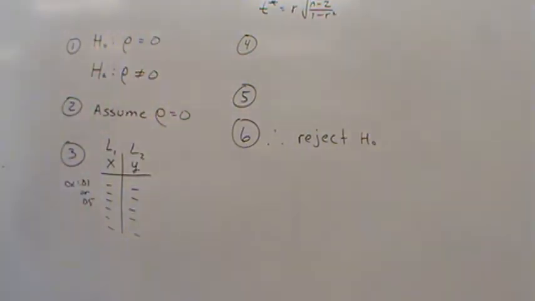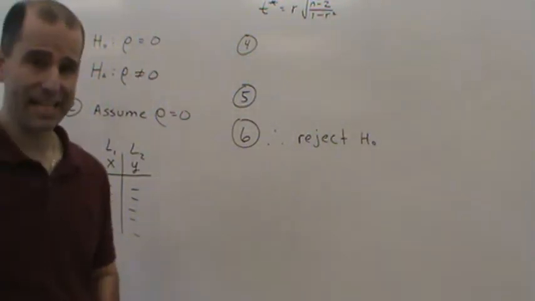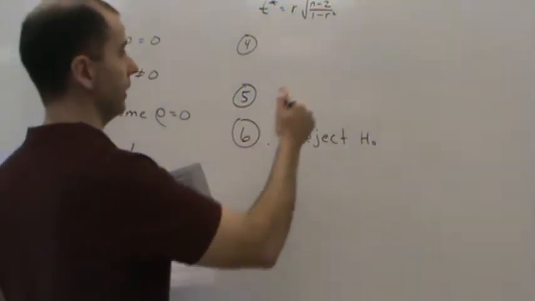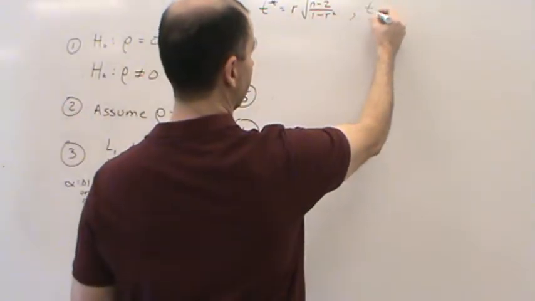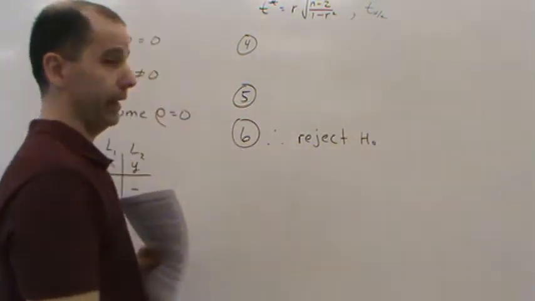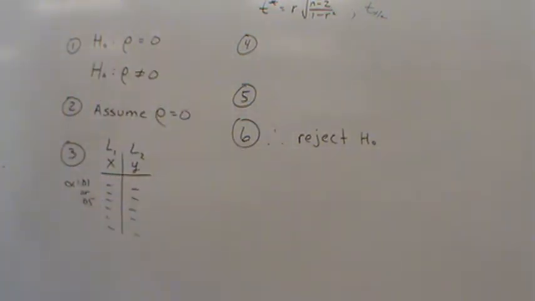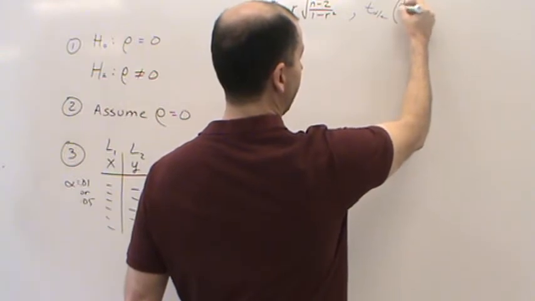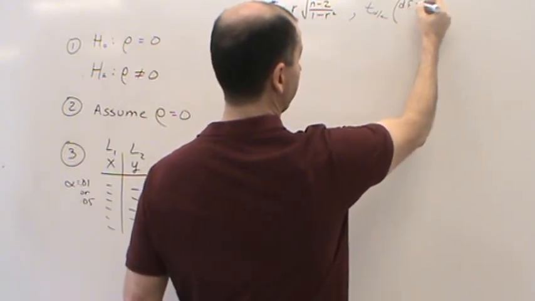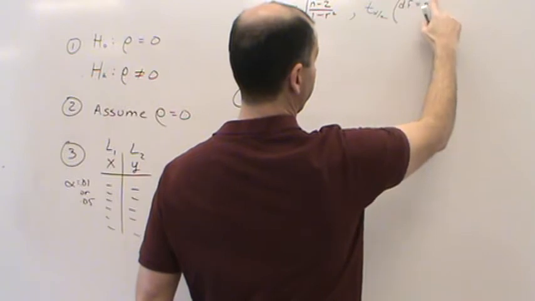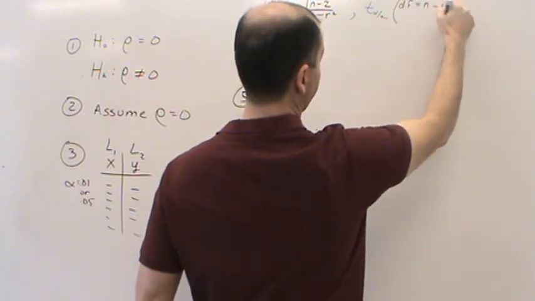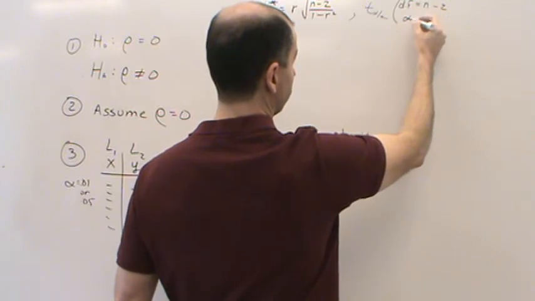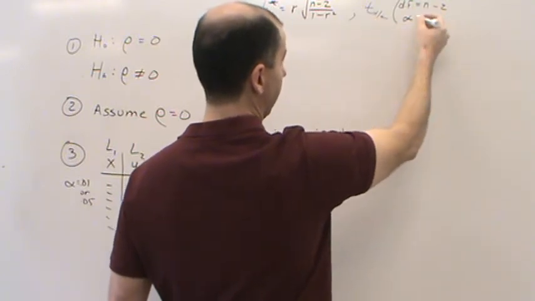Now, we can do a t-test in the calculator instead of using the table. Again, the degrees of freedom is going to be n minus 2. And you need your alpha level.